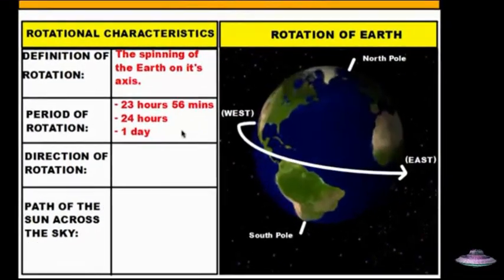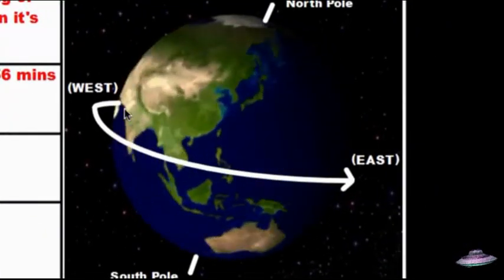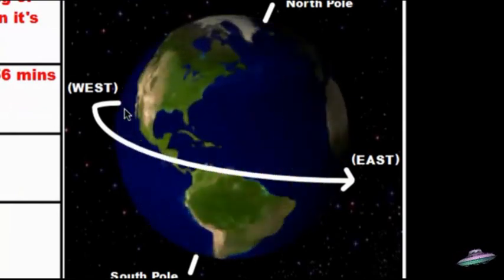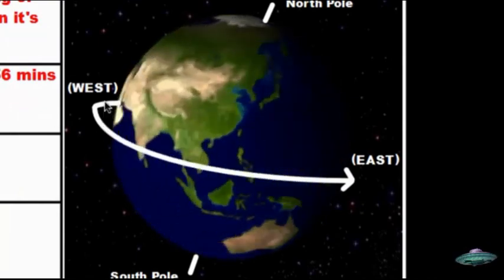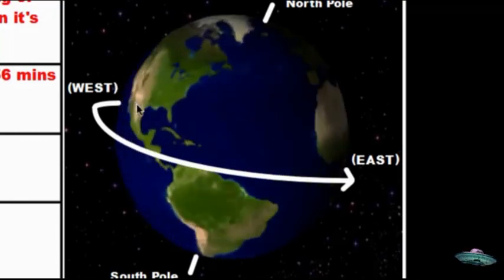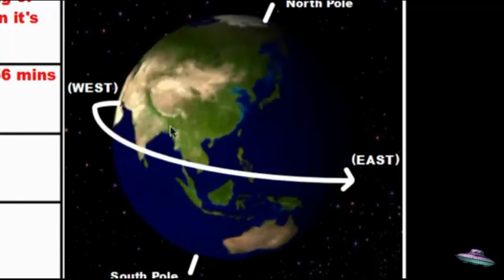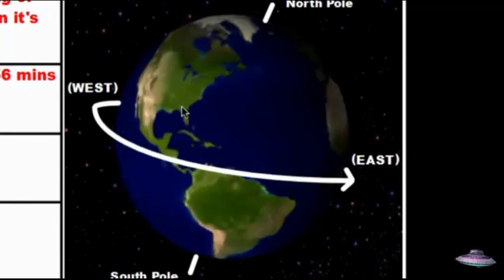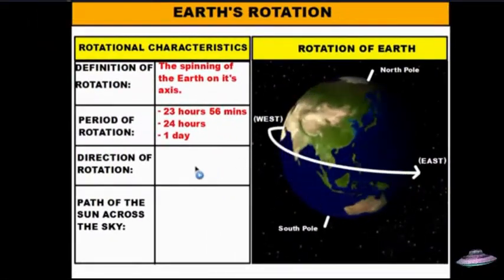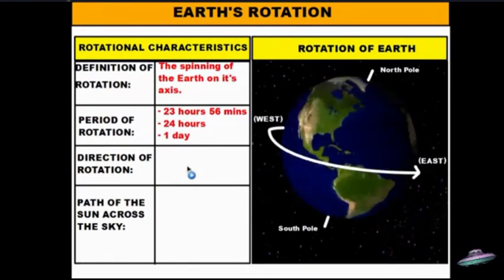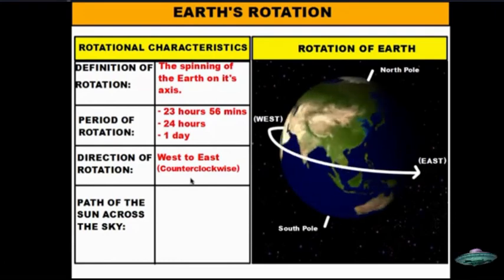If you take a look at this animation, you'll notice that the Earth spins in a particular direction, and you'll also notice that the land masses start from the west and go east, west and go east, west and go east. So you could probably tell that the direction of the rotation is from west to east.